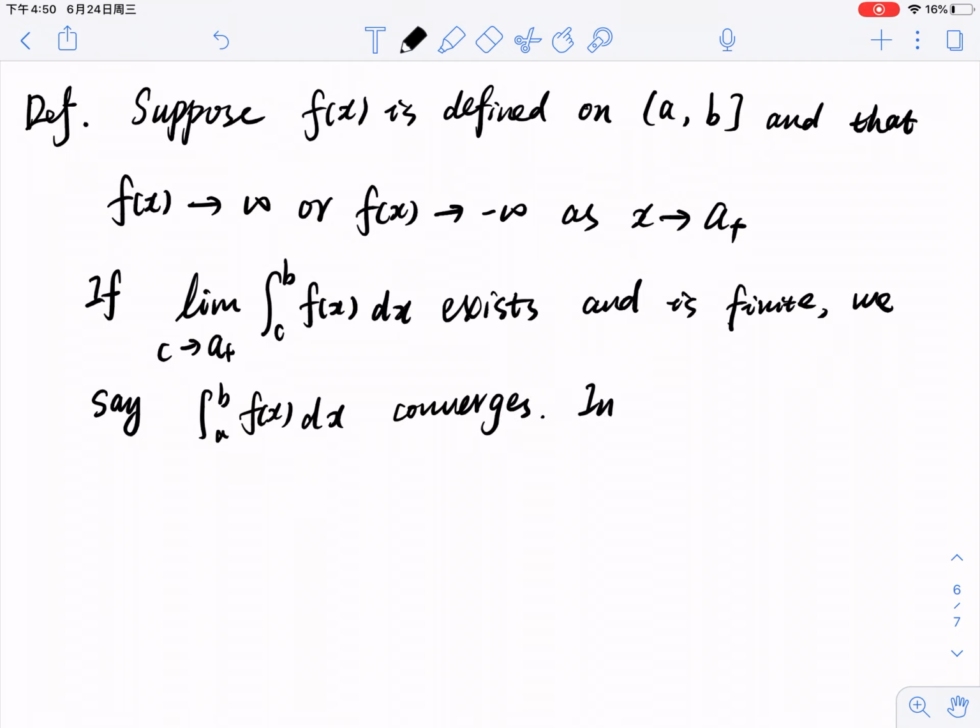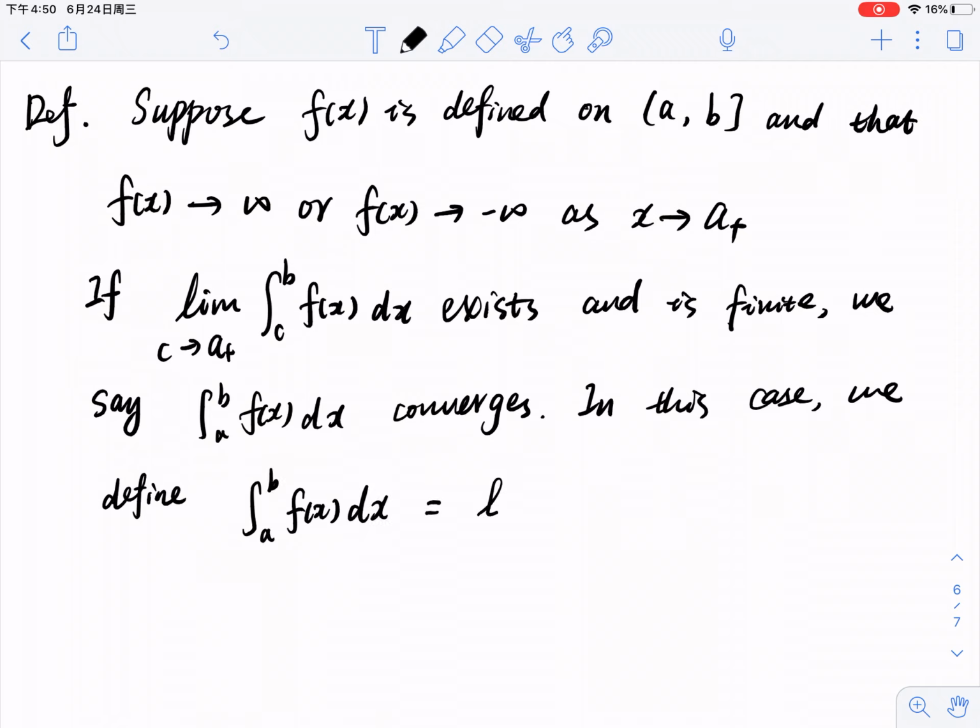In this case, we define the integral of f(x) from a to b dx to be the limit of the integral of f(x) from c to b dx, c goes to a from the right.